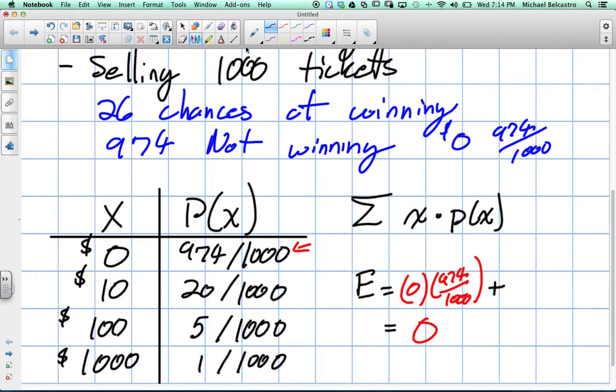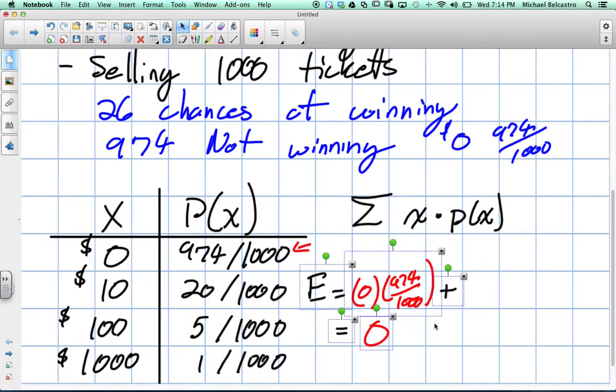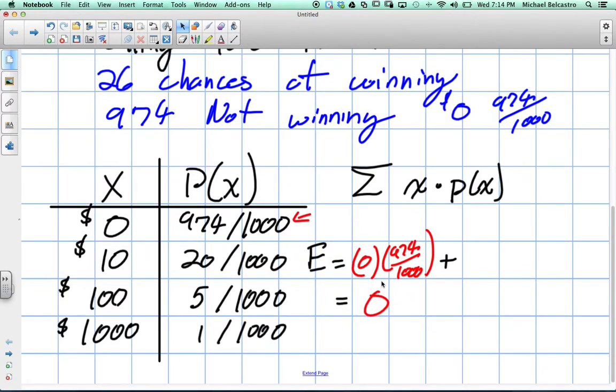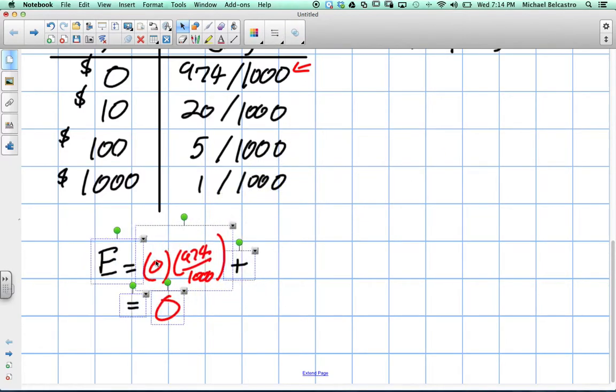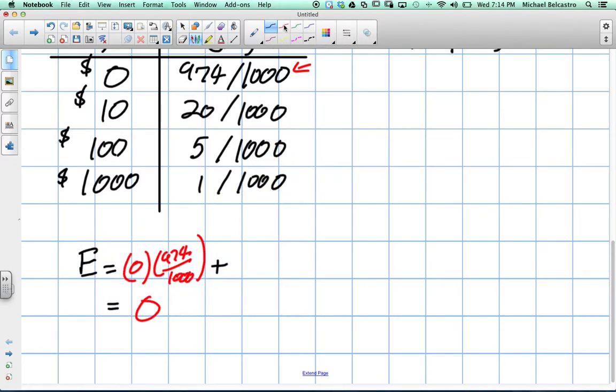The second one, and we have to add it together because it's a sum. I hope I have room here. You know what? Maybe I'll just go underneath. That way we won't run into this issue. The second one, we'll do in green here. The X value, right? Remember it was X times P at X, probability of X. The second one was you're going to win $10.